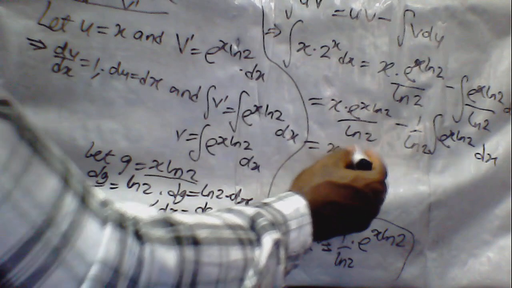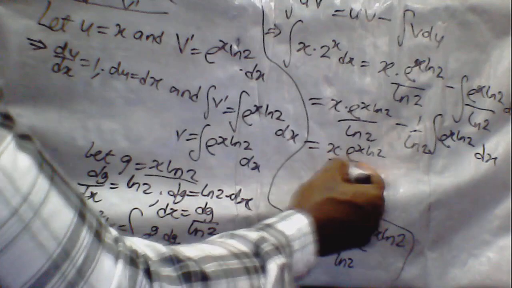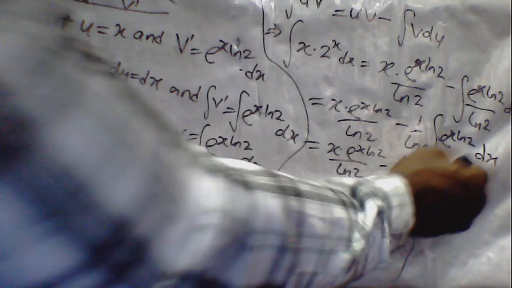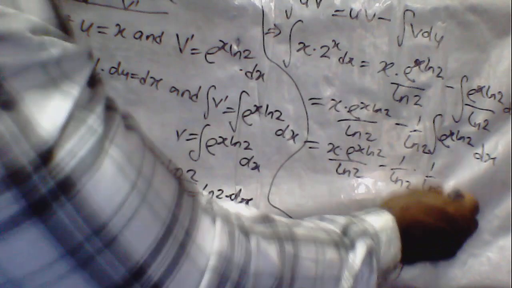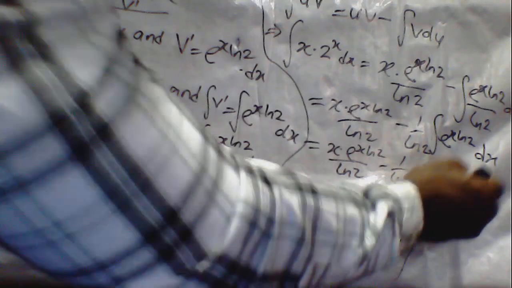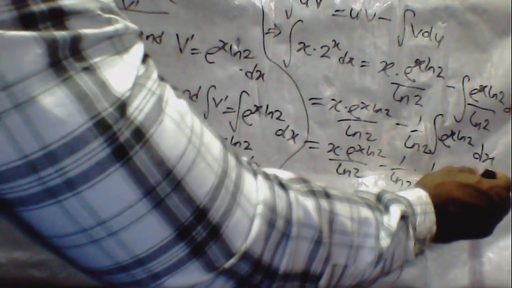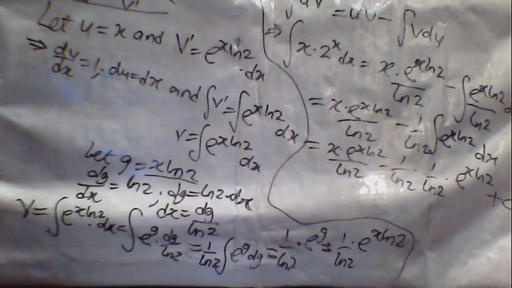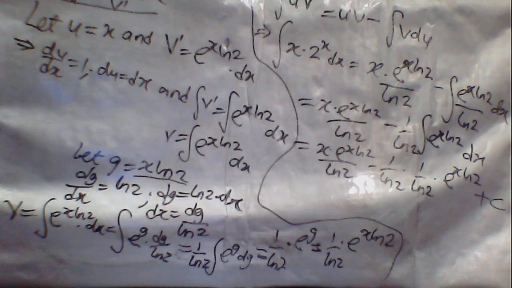You substitute it here, we have what? s dot e raised to power s ln 2 divided by ln 2 minus 1 over ln 2 dot integrating it, we have this already. This will give us 1 over ln 2, already we have done it here, dot e raised to power s ln 2. So we can now put the constant plus c, because it's the final integration.